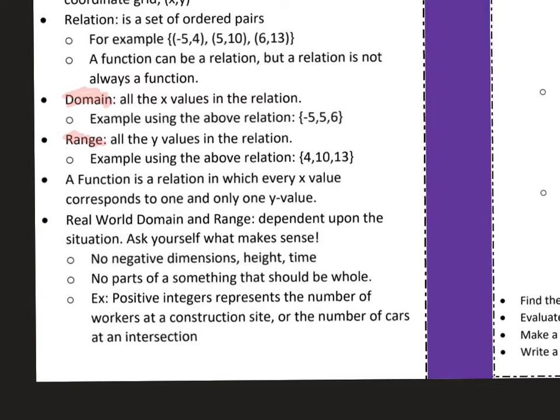And a function is a relation in which every x value corresponds to one and only one y value, right? So this really means that every x has one y. And we're going to see what that looks like in various representations, but whenever we're trying to determine whether or not something is a function or is not a function, we always want to think back to the definition, right?